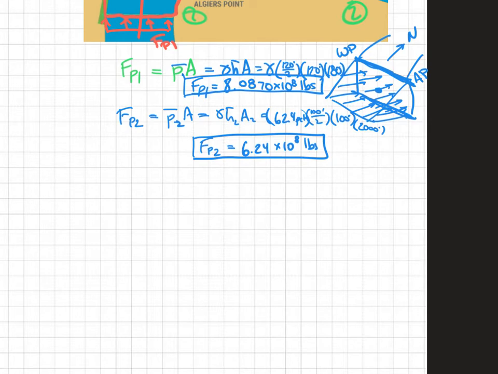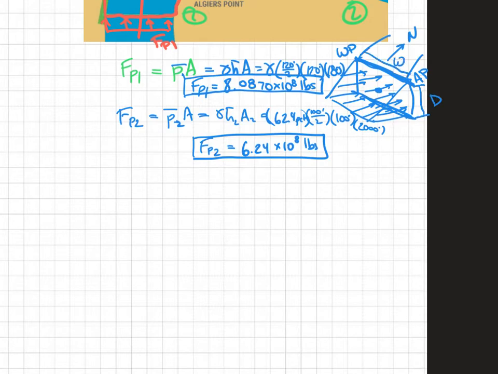We have a flow rate going through a rectangle. A lot of you decided to use pi d squared on 4. I don't really understand why you would use pi d squared on 4 on a rectangle. It's a rectangular cross section. The area is the depth times the width.